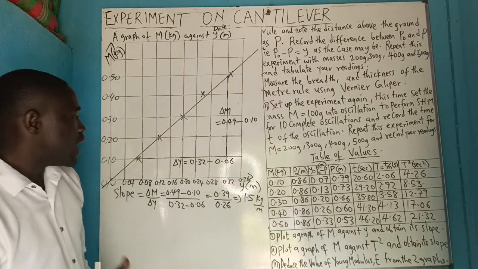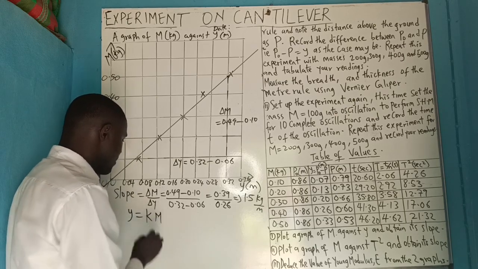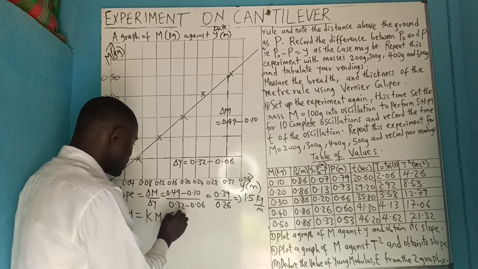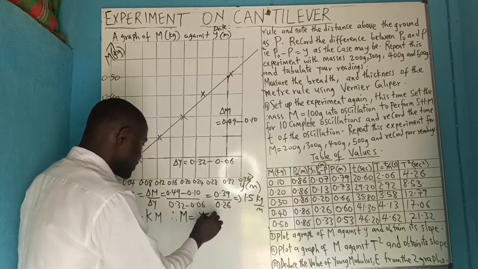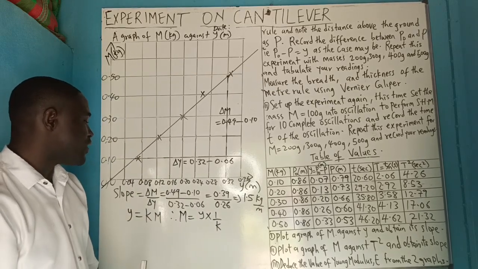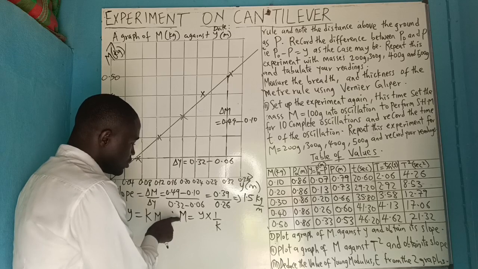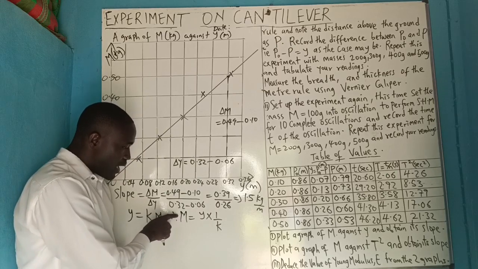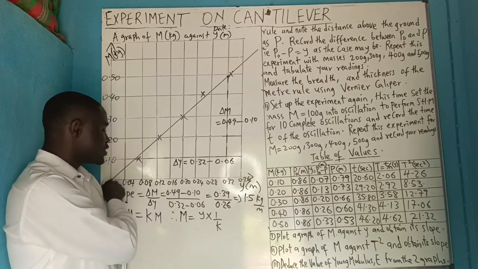So from this graph, since we said that Y is equals to Km, making M subject of formula, we have that M is equals to Y times inverse of K. You are plotting the graph of M against Y. When you plot the graph of M against Y, 1 over K will be the slope and it's passing through the origin.